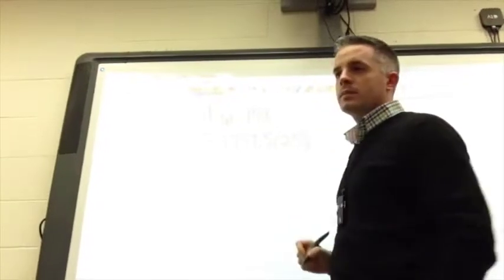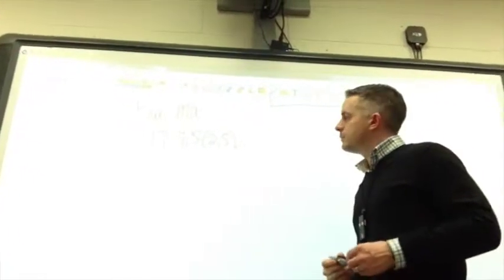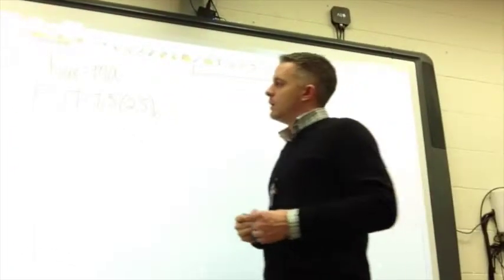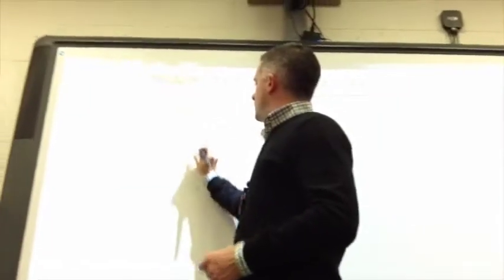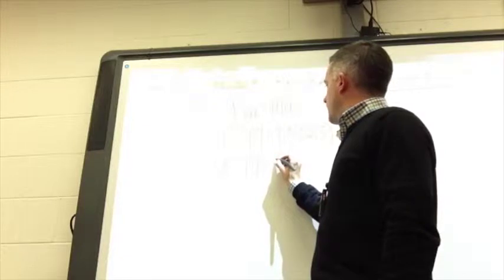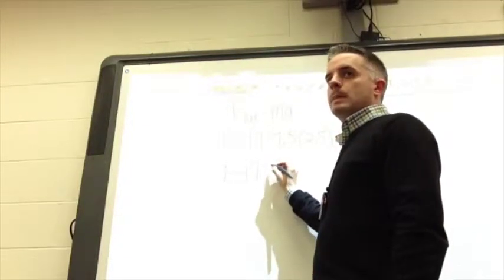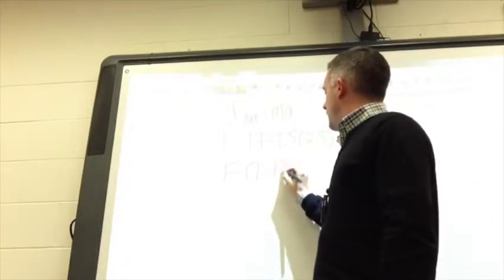The mass is 7.5 and a is 2.5. What's 7.5 times 2.5? 18.75.